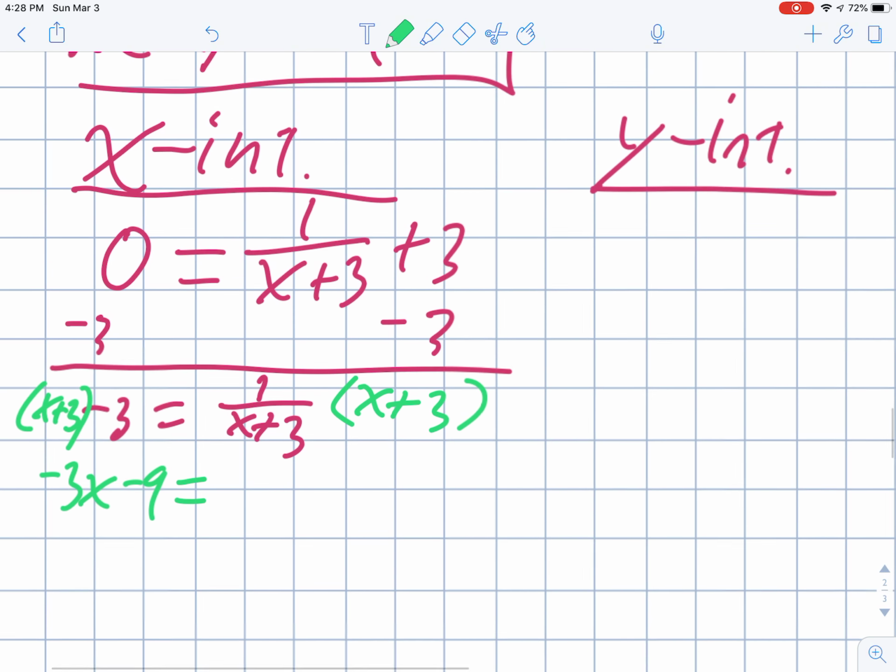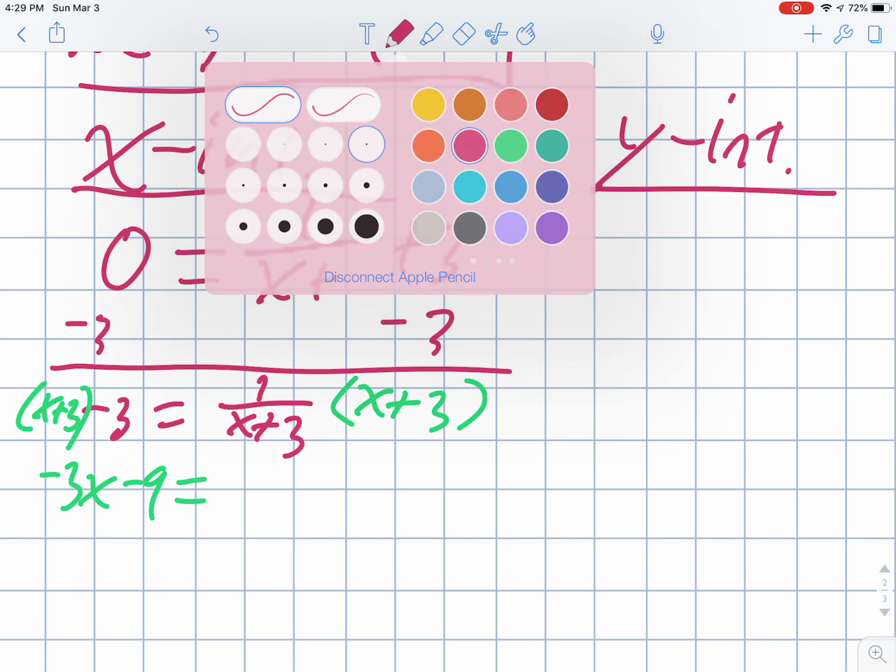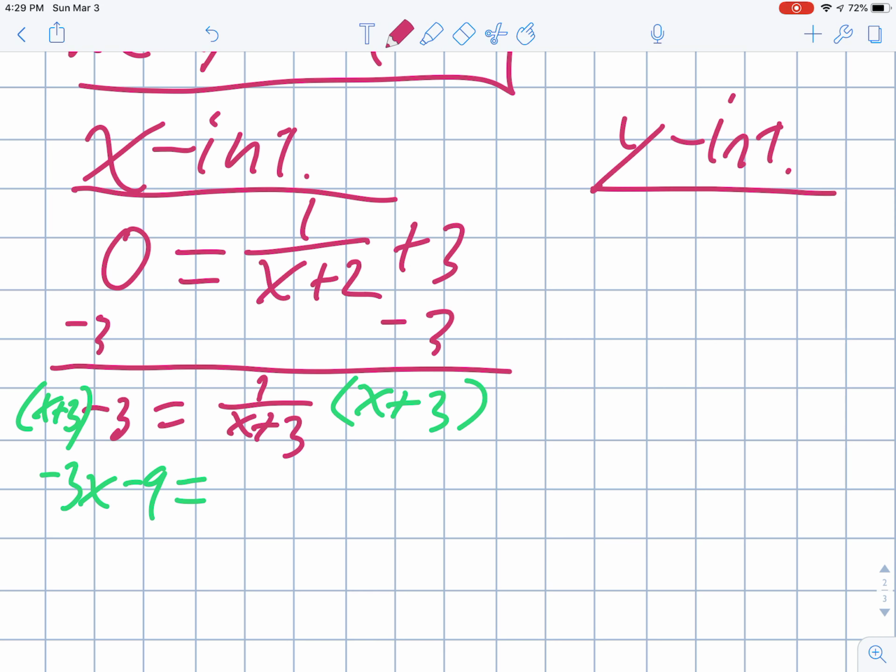Whoops. Hopefully you were paying attention and wondering, what the heck is he doing, Mr. Appel? Sorry, that was an x plus 2. And this over here is an x plus 2. And so this is an x plus 2 and an x plus 2. And that actually should be a 3x minus 6. Hopefully you caught that already.